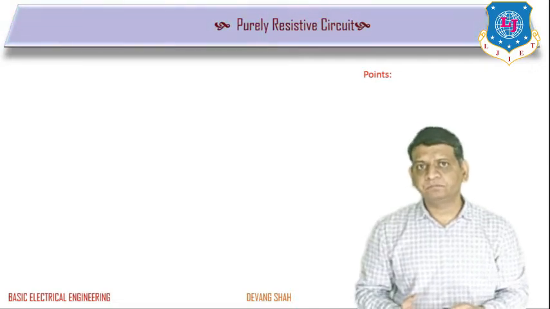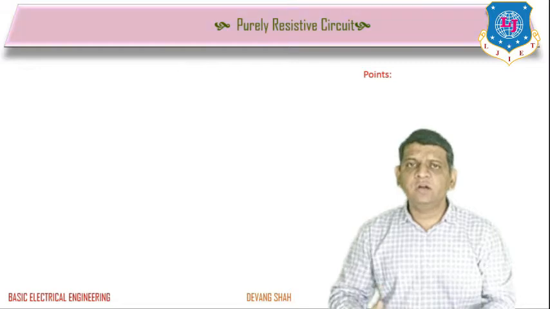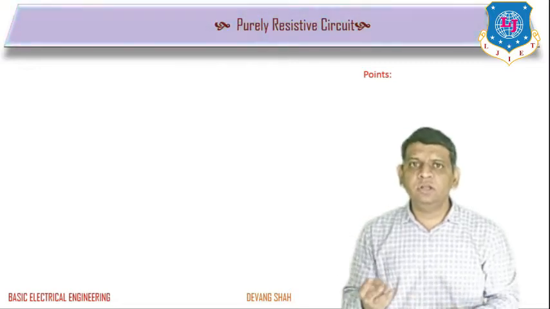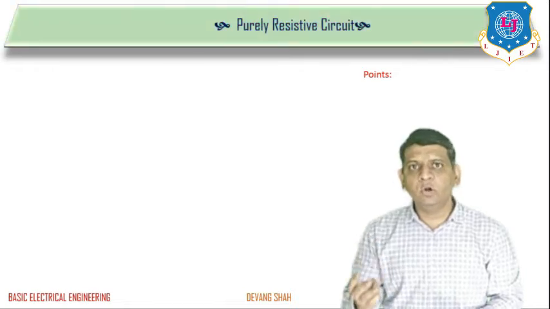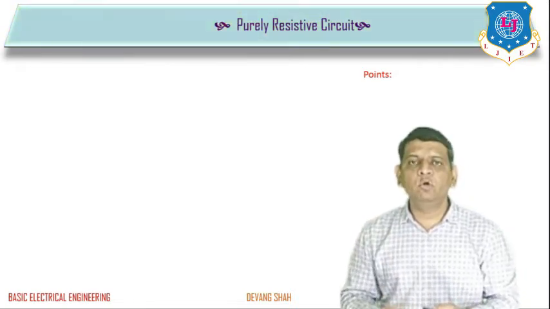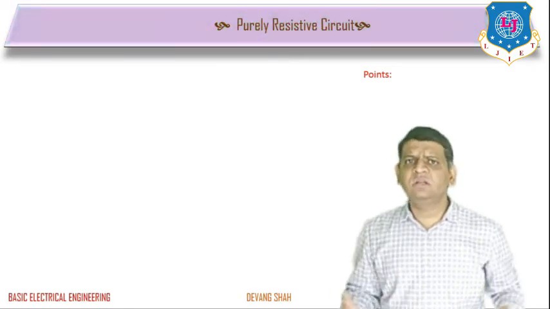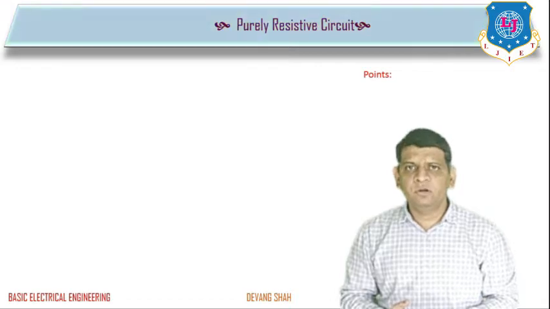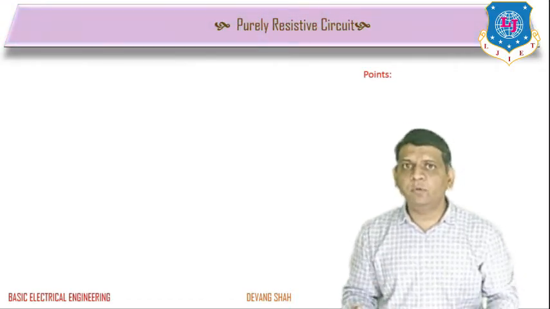Throughout this session, we are going to discuss three theories: the purely resistive AC circuit, the purely inductive AC circuit, and the purely capacitive AC circuit. In all these three theories, we have to discuss three common points.